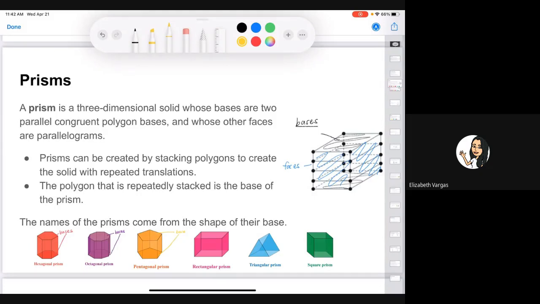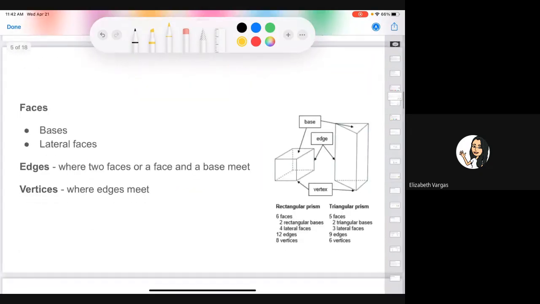Questions, concerns? No? And then just a little more about the vocabulary. We have bases, and we have lateral faces. The bases that we know are going to be the top and the bottom parts, and those tend to not look exactly like the lateral faces. The lateral faces tend to take another shape.